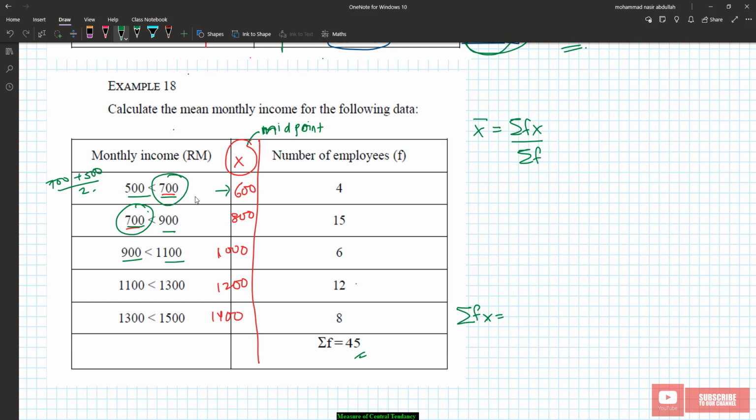So what is the value of summation of fx? Can somebody tell me? You just input it into the calculator.